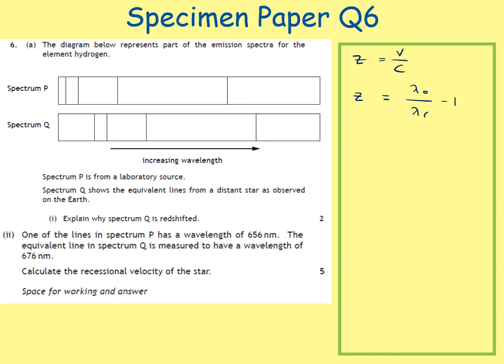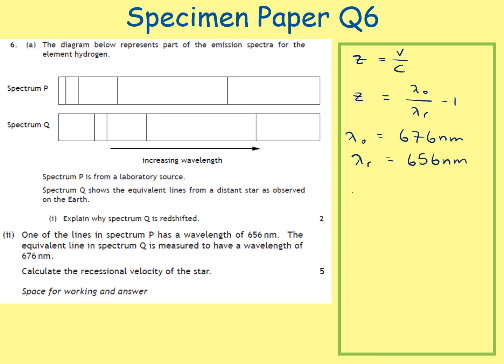But which one is our observed wavelength and which one is our rest wavelength? Well, our observed wavelength is the 676 nanometers because that's from spectrum Q, that's of the star itself. And our rest wavelength is 656 nanometers because that's spectrum P and that's a laboratory source which is not moving.